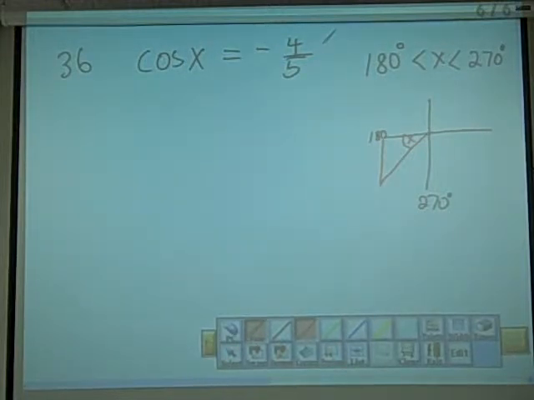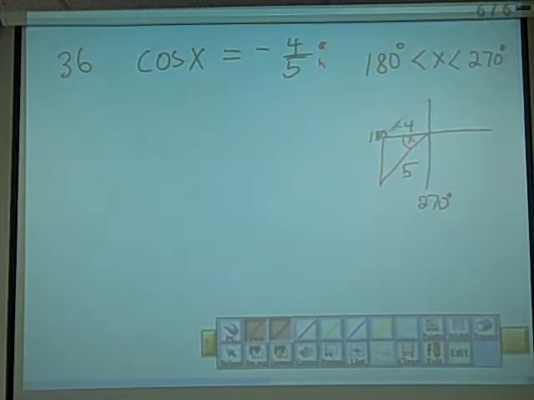Well, cosine is adjacent over hypotenuse, right? So that means 5 is going to be the hypotenuse. And this would make this a negative 4 here. So that means we need to find our opposite side. Again, we're going to use Pythagorean theorem, right?